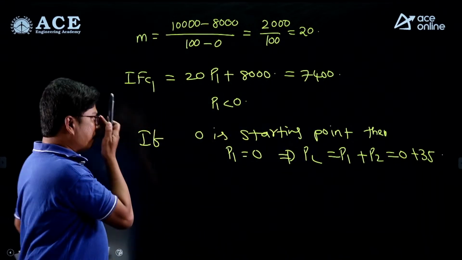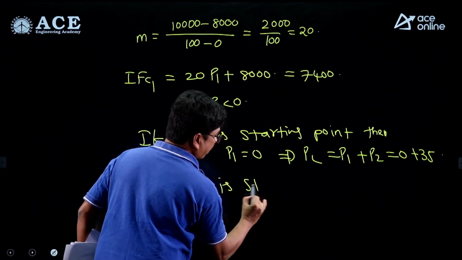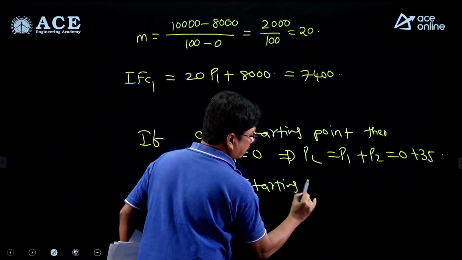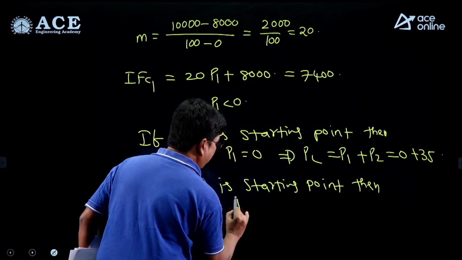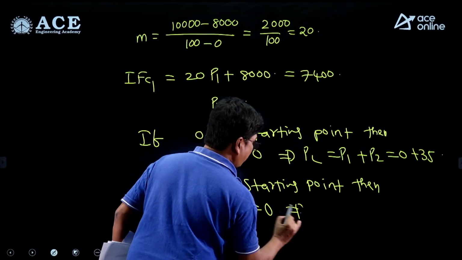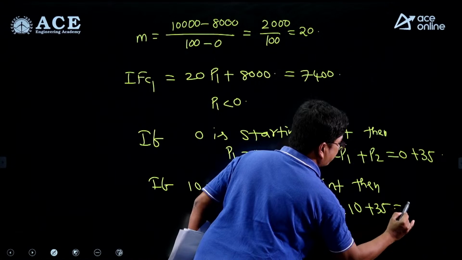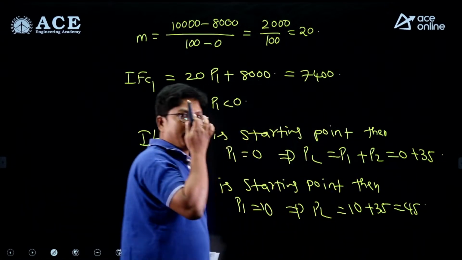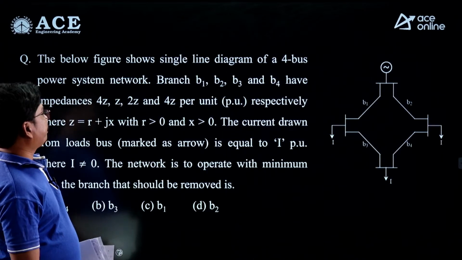If 10 is the starting point, then P1 is equivalent to 10, that is the minimum value you have to take. Therefore, total load is nothing but 10 plus 35, it will be 45 megawatts. Maybe 35 or 45, depends on the graph particularly, right students?